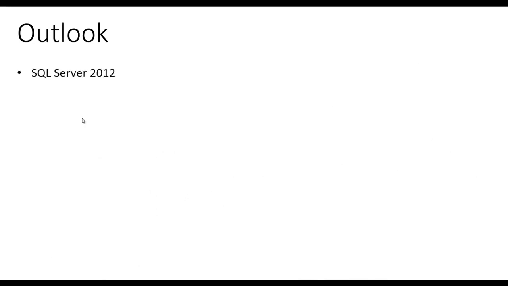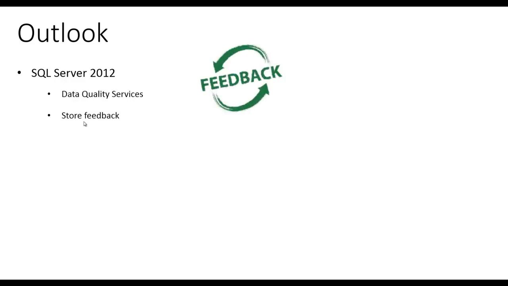Future outlook. Nowadays we have SQL Server 2012. It contains Data Quality Services version 2. There's a knowledge base, there's a domain base, all kinds of interesting stuff you can do. We didn't talk about storing feedback. That's an interesting subject. How can we store feedback given so we don't need to re-inquire at a person about the same data?